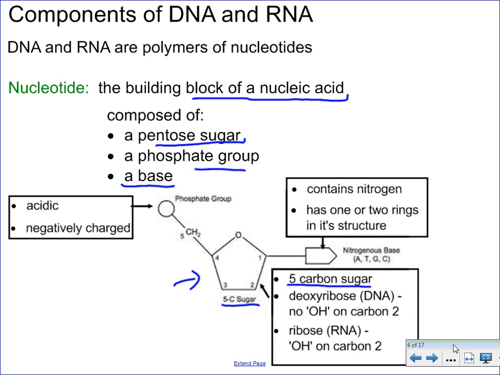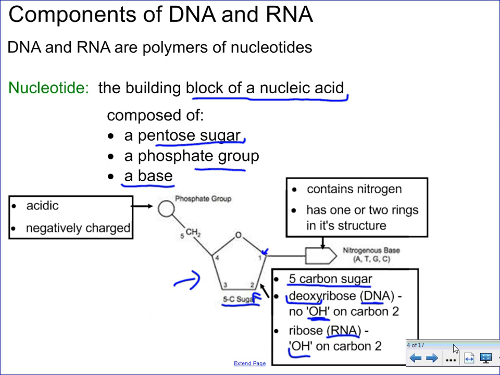The difference between DNA and RNA comes down to the sugar itself. In DNA, there is no hydroxyl group on carbon number 2. It is lacking in oxygen, so it is referred to as deoxyribose. In RNA, that hydroxyl group is present on carbon number 2, so it is just called ribose. Hence the name ribonucleic acid, or for DNA, where that hydroxyl group is missing, deoxyribonucleic acid.